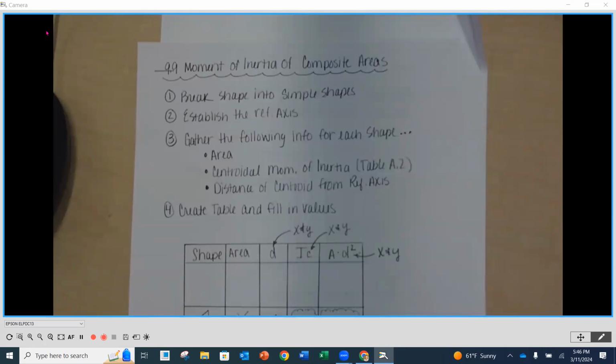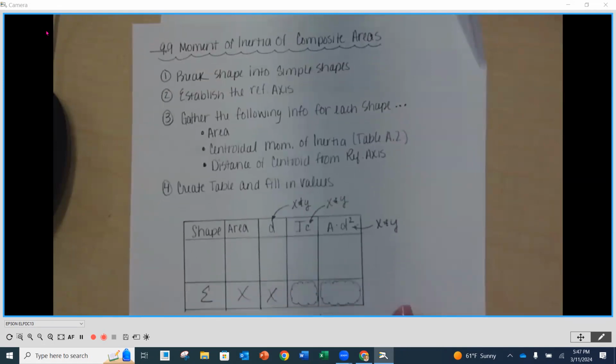So we're first going to do the centroid, and then the moment of inertia. Once you have that axis established, you gather the following information about each one of your shapes: the area, the centroidal moment of inertia, and the distance that centroid is from the reference axis.